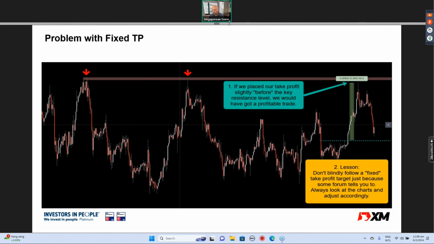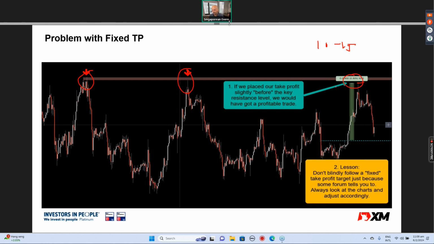Right, so here, if we had placed our TP just underneath the major resistance zone, this is swing high 1, swing high 2, major resistance level or zone. By identifying our TP roughly 10 to 15 pips underneath the major resistance zone, so if you put your TP at 85 to 90, then it was quite likely that in this type of scenario, the price would have hit our TP and we would have exited the position for a profit.